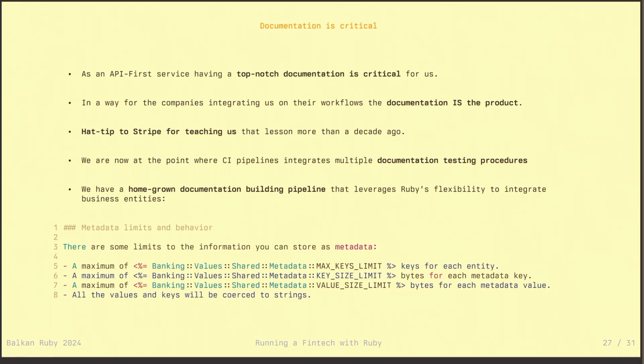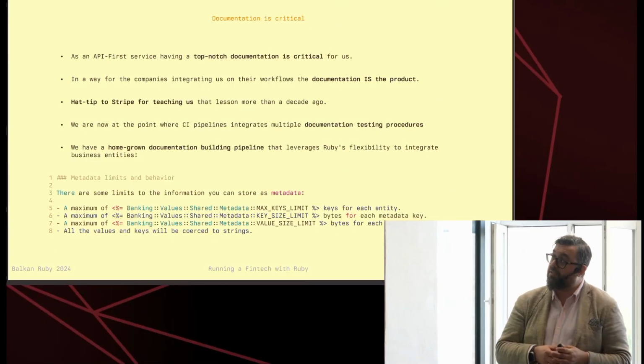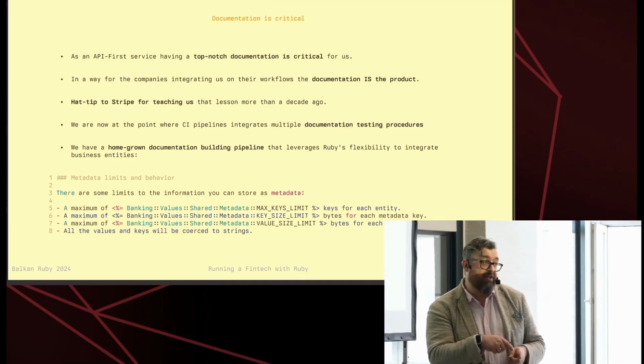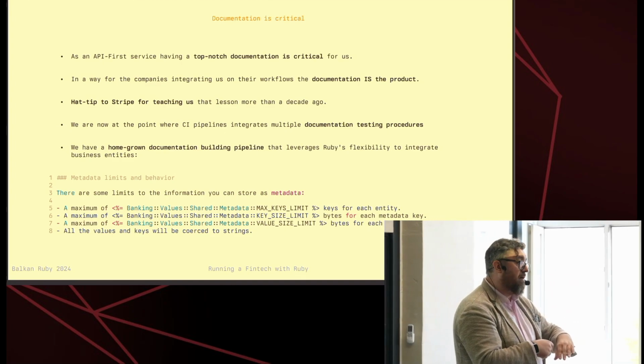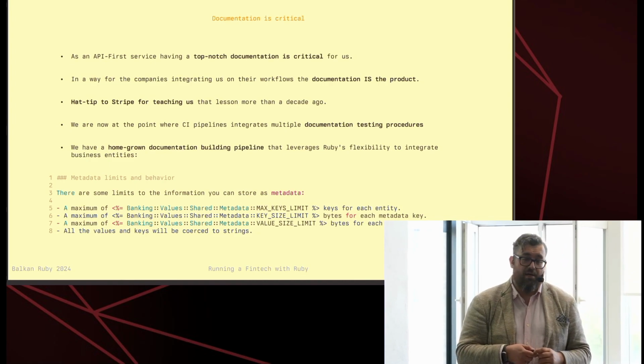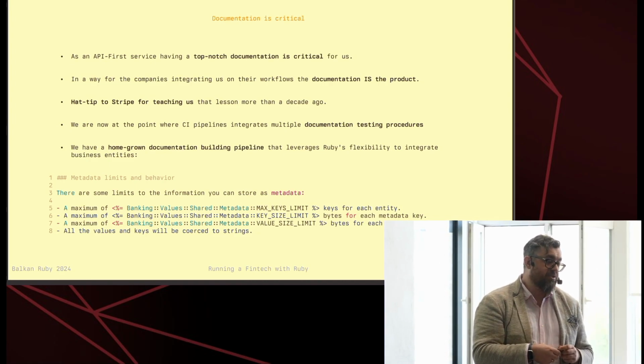For them, the documentation itself is the product. So we take great care of creating the best possible documentation. We have implemented testing procedures even for the documentation. We create pipelines that are automatically run in the integration system.